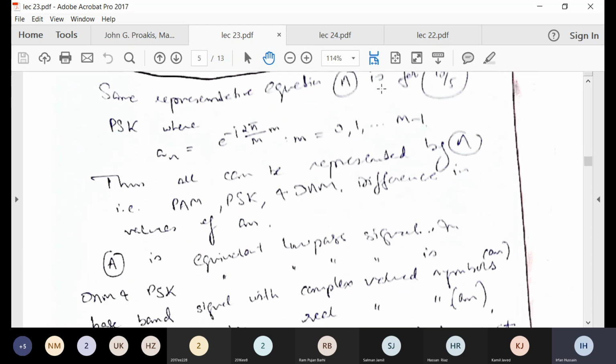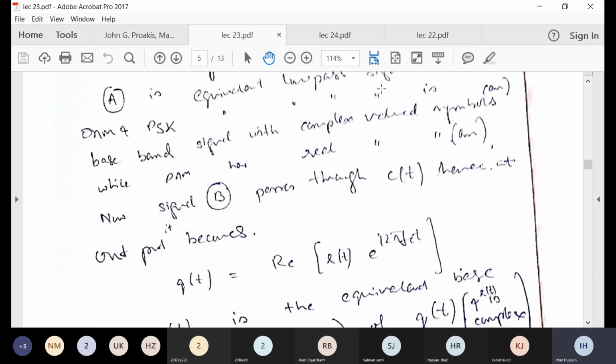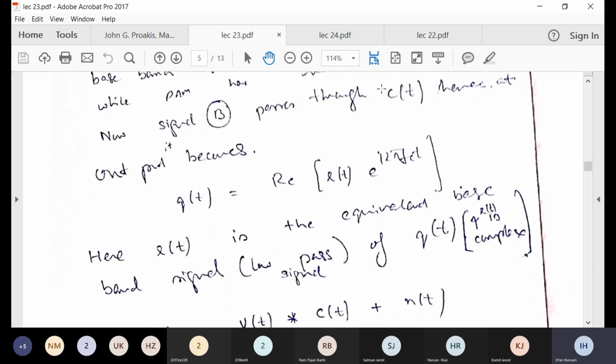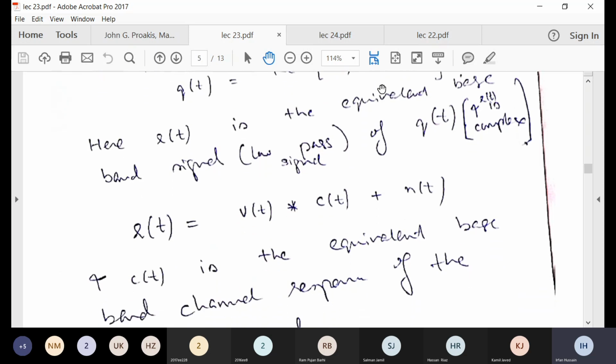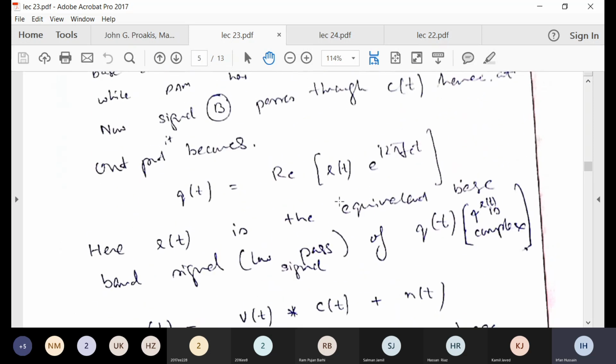Now this signal will be convolved with the channel coefficients. The channel coefficients could be complex or they could be real. We have no problem with that; both are acceptable. So let us say the signal is convolved with c(t), the channel, and q(t) is the output.